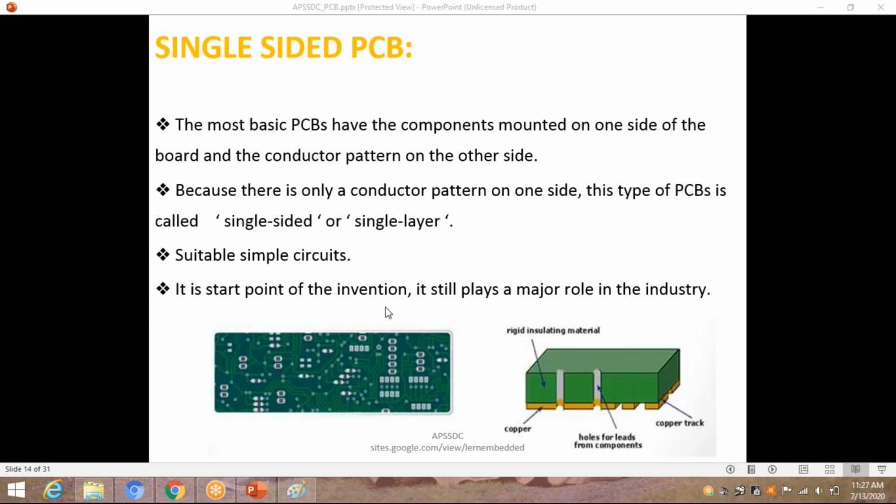The first invented PCB was a single-sided PCB, but we are still using single-sided PCBs today, along with multi-layer and double-sided PCBs.